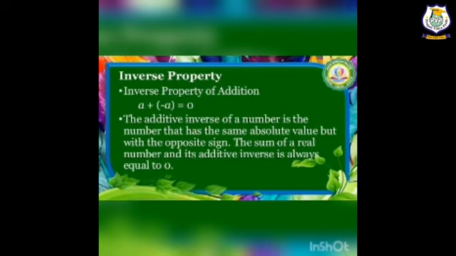If you take any positive integer, the inverse of that integer is a negative integer, and if you take any negative integer, the additive inverse of that integer is a positive integer. The sum of a real number and its additive inverse is always equal to 0.